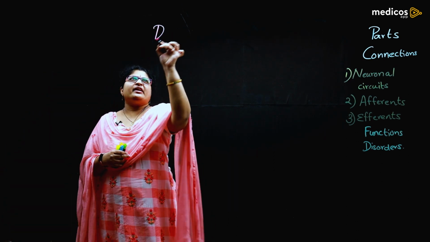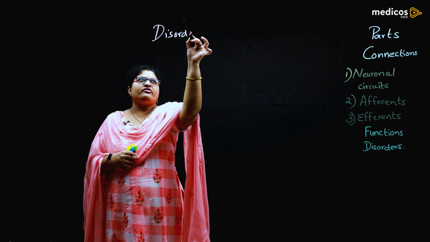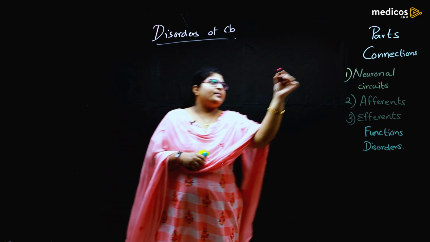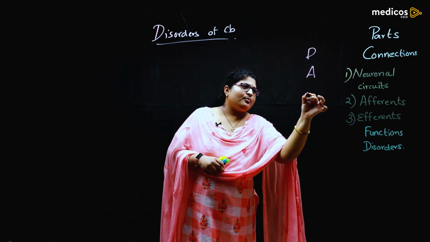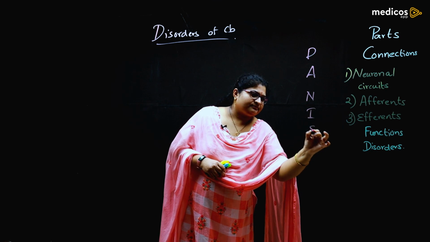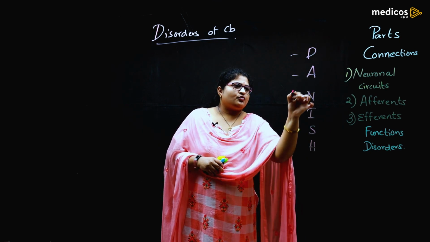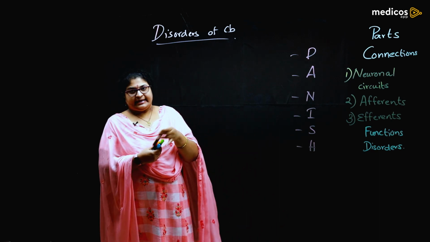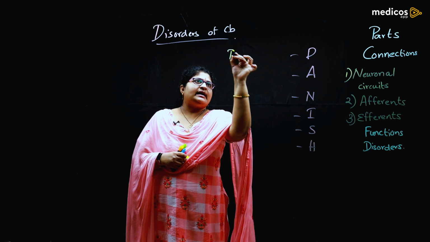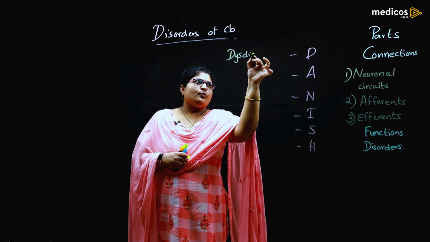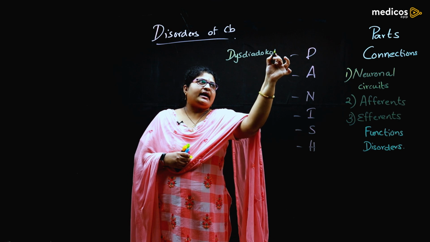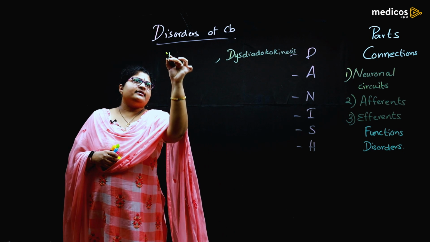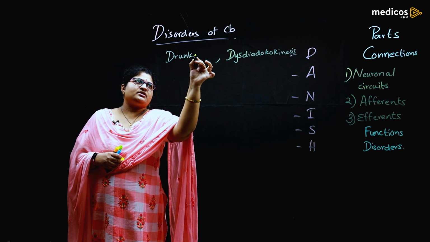Let's see briefly what disorders we will see in case of lesions of the cerebellum. Okay? We can remember the disorders with the help of the mnemonic DANISH. So what are these things? Let's see. First one is D: dysdiadochokinesis. What is this? Let's see later. Another D is drunken gait.